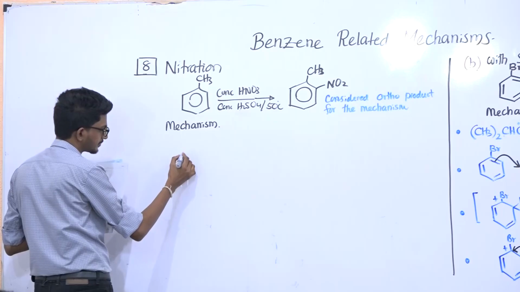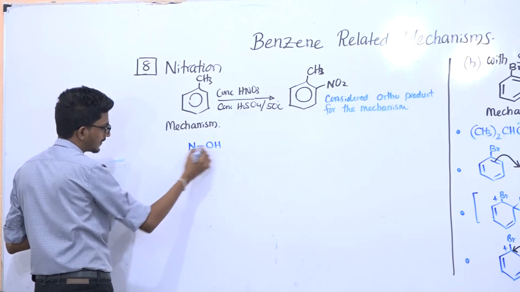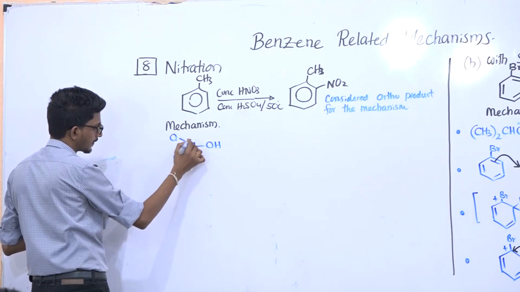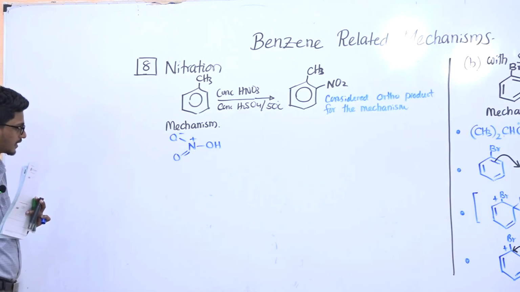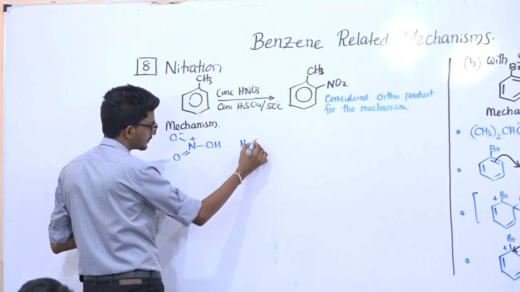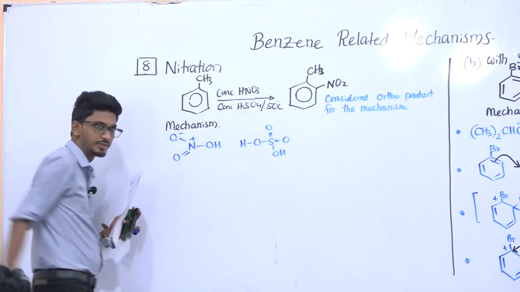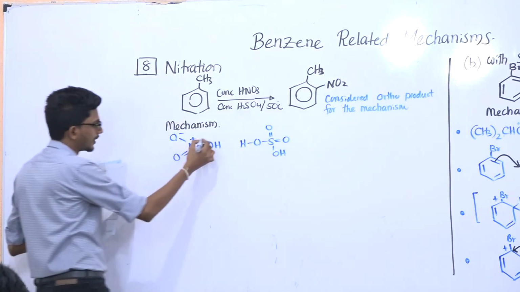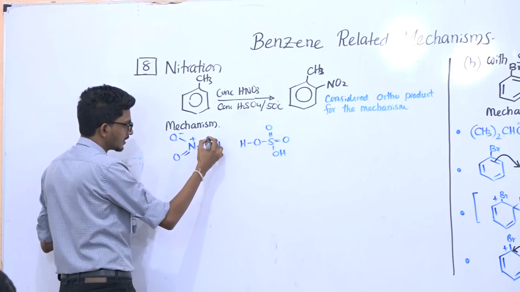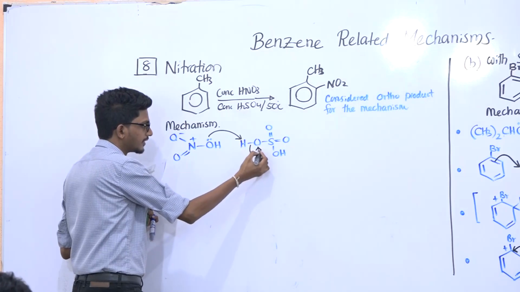So what will happen? First, the reaction of these two. Your HNO3 is there. This is HNO3, right? And that will react with the H2SO4. This lone pair will attack this positive side here, so that these electrons will leave to the oxygen.